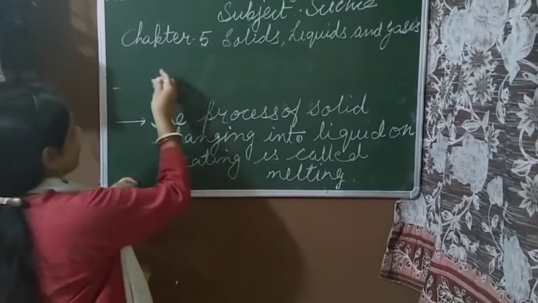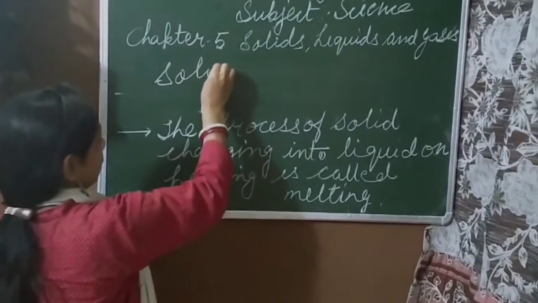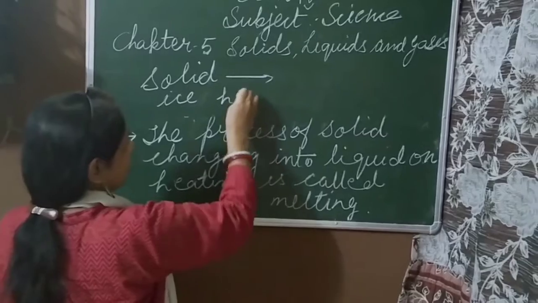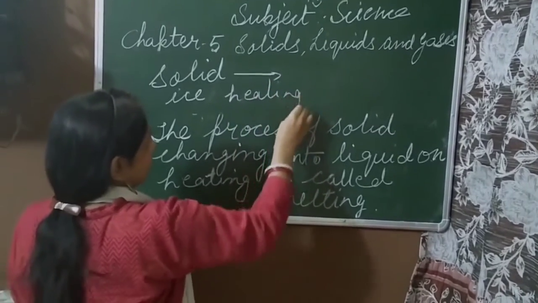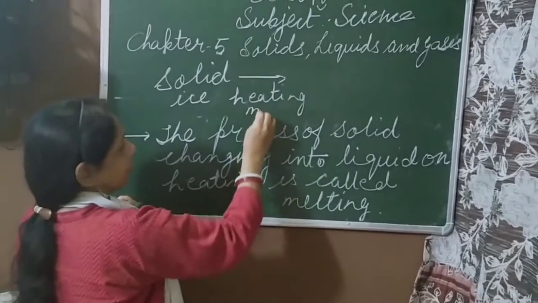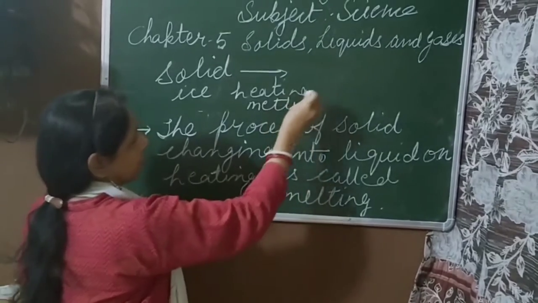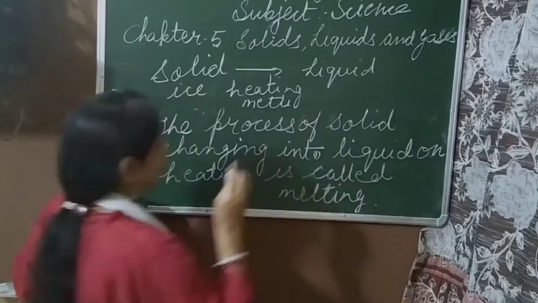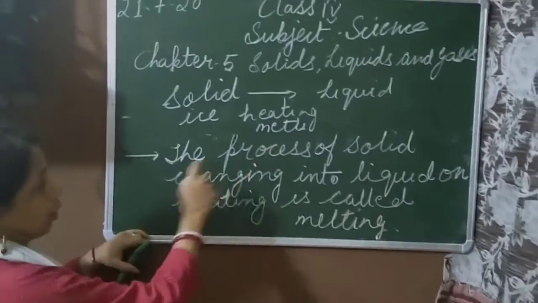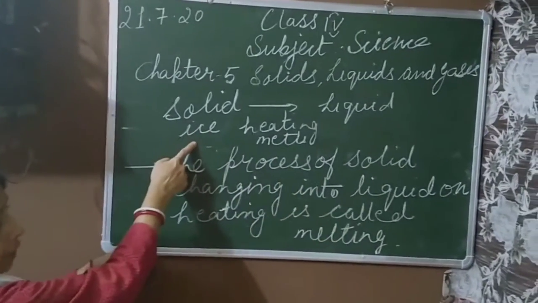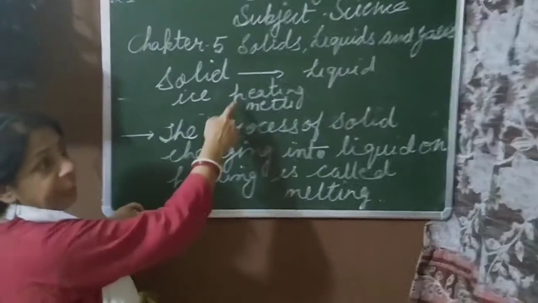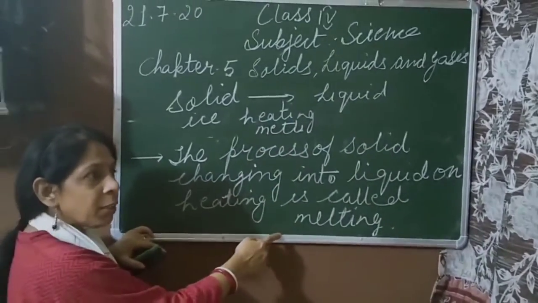See here, solid ice, heating, it melts and changes into liquid. This process, the process of solid changing into liquid on heating, is called melting.